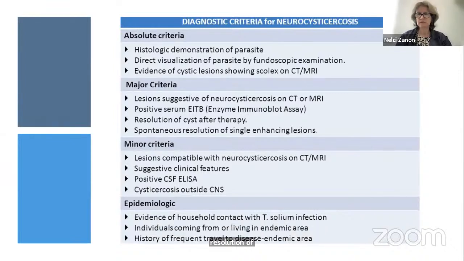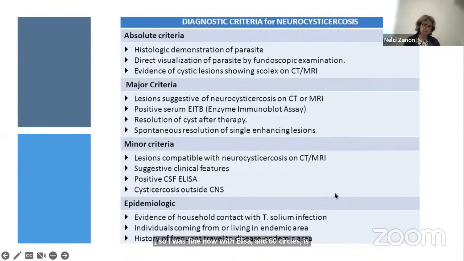And minor criteria are lesions compatible with neurocysticercosis on imaging, suggestive clinical features, a positive cerebrospinal fluid ELISA, and cysticercosis outside the central nervous system. The epidemiological criteria are evidence of household contact with Taenia solium infection, individuals coming from or living in an endemic area, and history of frequent travel to disease-endemic areas.